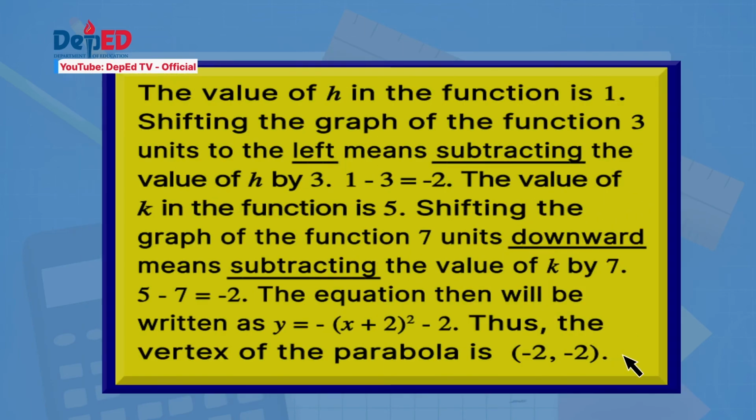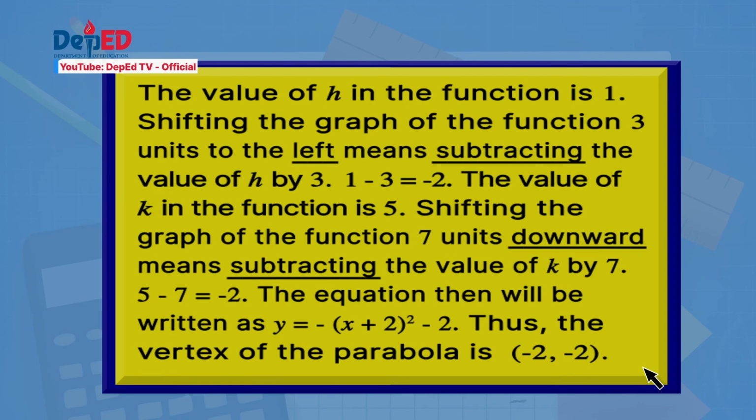The value of h in the function is 1. Shifting the graph of the function 3 units to the left means subtracting 3 from the value of h. 1 minus 3 equals negative 2. The value of k in the function is 5.